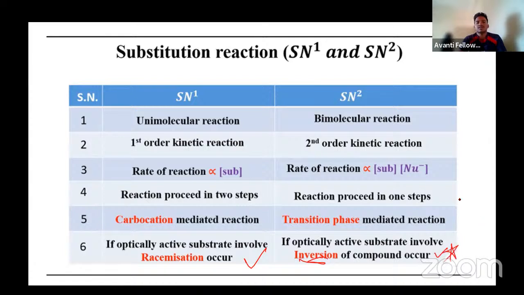SN2 is a second order kinetics reaction with a substrate and a nucleophile, and the reaction proceeds in a single step. SN1 takes two steps: one is the formation of carbocation, and the second is the attack of the nucleophile. So here you will have an inversion. If the reactant is R configuration, the product will be S configuration. If the reactant is S configuration, the product will be R configuration.